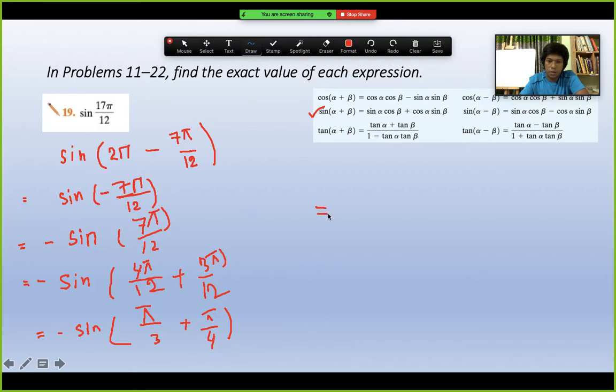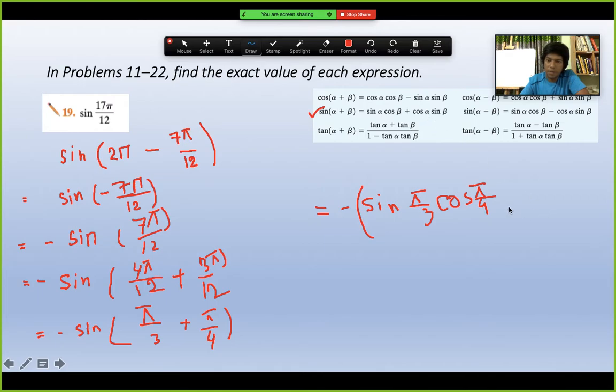Then we can write minus, sine alpha cos beta: sine pi by 3, cos pi by 4. Let's keep the minus sign outside the bracket for our safety, so that this minus is not disturbing anywhere inside the math. We can deal with it later if necessary.